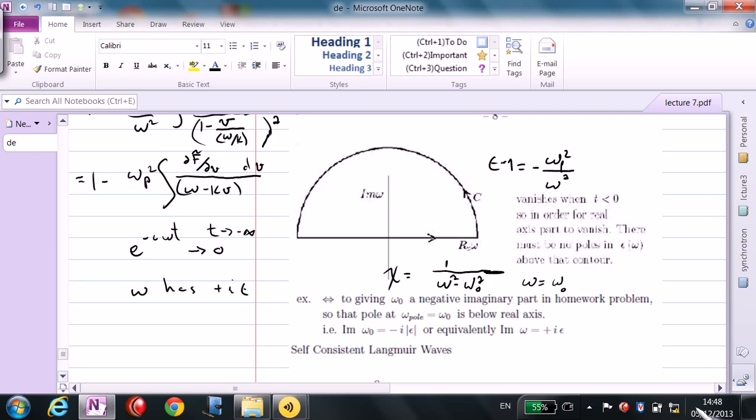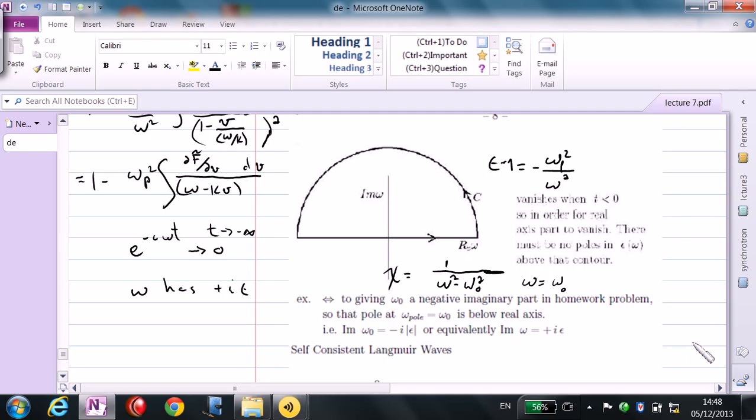If I give omega naught a small negative imaginary part, then the pole in this will be when epsilon has a small negative imaginary part. Okay? So that's what I want to preserve causality.